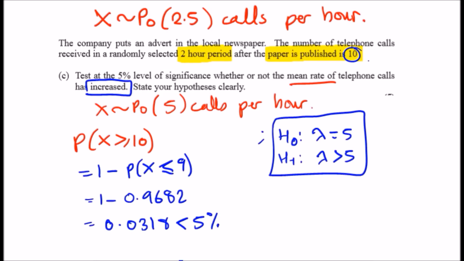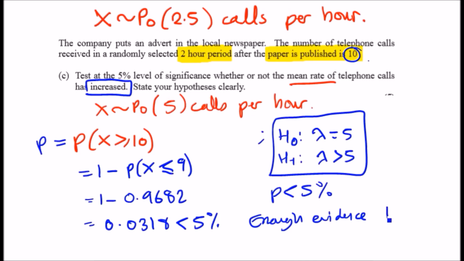Now, the whole point of this is that when you want to reject a specific null, we need to test whether the p-value is less than 5%. The p-value is the probability value, so it's this. And yes, it's less. So because it's less, we can comfortably say that there is enough evidence. So we always say that there is enough evidence or sufficient evidence to reject the null hypothesis, to reject H0.